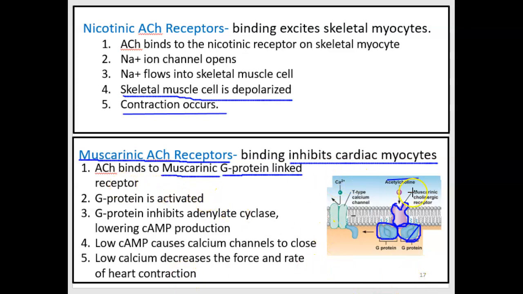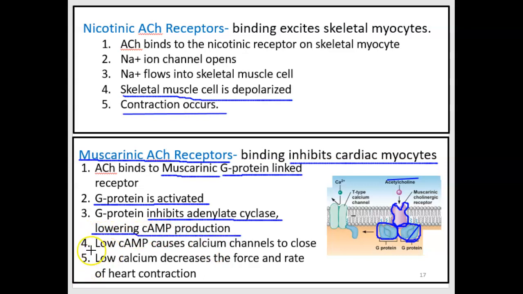When acetylcholine binds to that receptor, the G protein is activated and it affects a nearby enzyme, which you do not have to remember the name of, called adenylate cyclase, which normally produces cyclic AMP. But the G protein inhibits that. So that means cyclic AMP goes down.